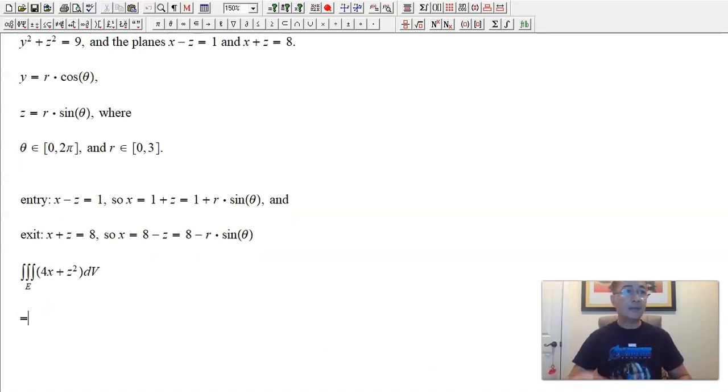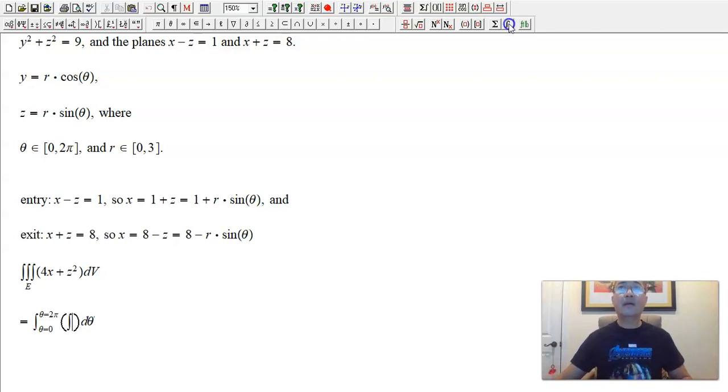Okay, so now we will set up our integral. Theta on the outside, always a safe bet. So theta will go from 0 to 2 pi. What I do is I put in the differential there, put in my parentheses, so I have everything inside.